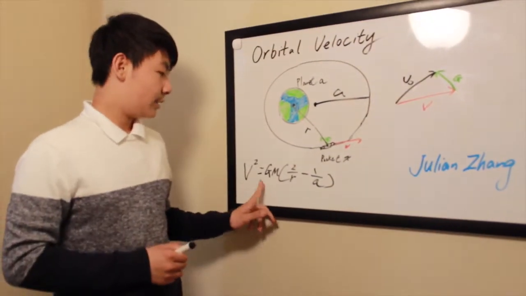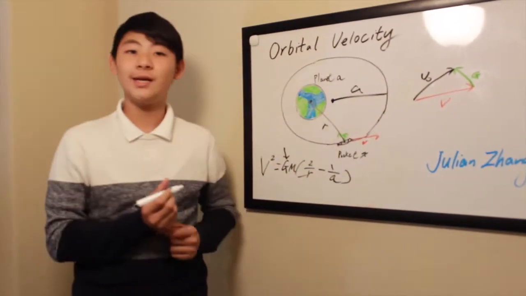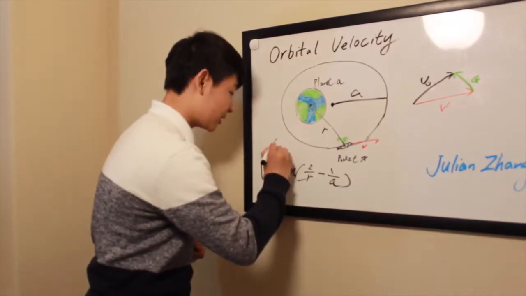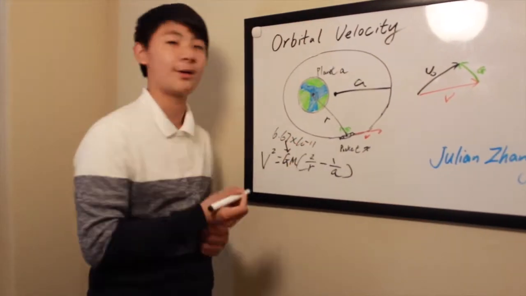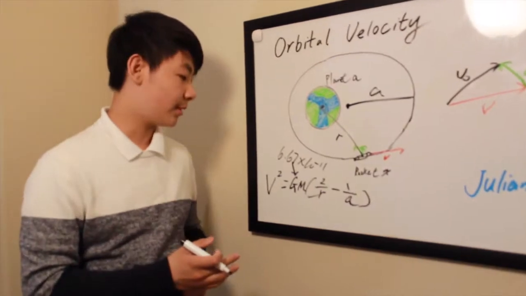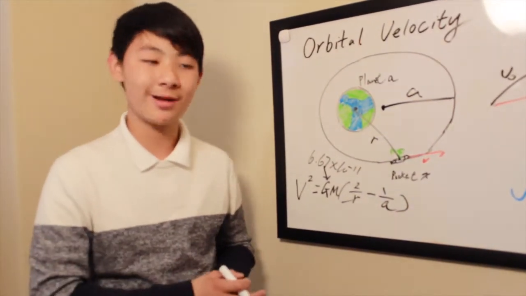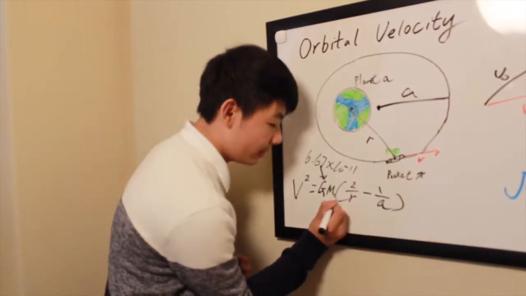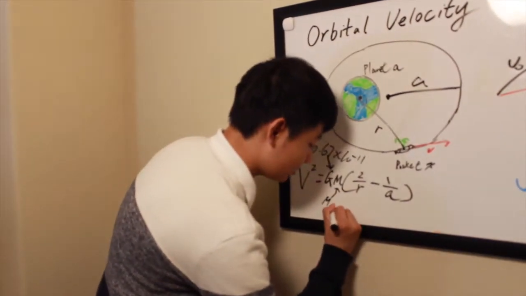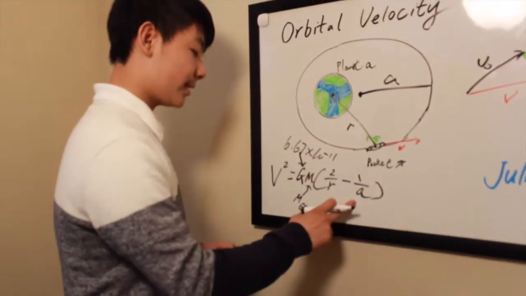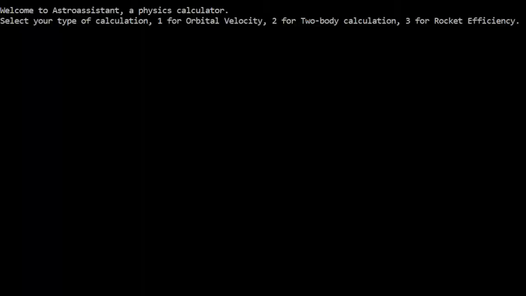So GM: G is the universal gravitational constant, which is 6.67 times 10 to the negative 11th power. It's a very small number. It's the force of a 1 kilogram object exerting gravity. And M is the mass of the Earth. We have all of these together, and we are able to calculate the orbit.